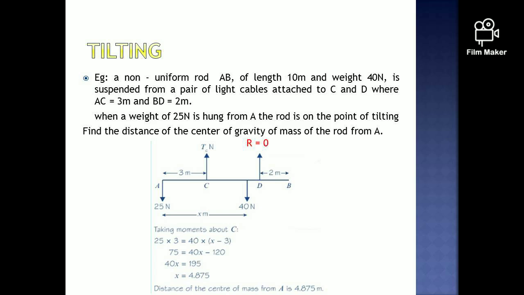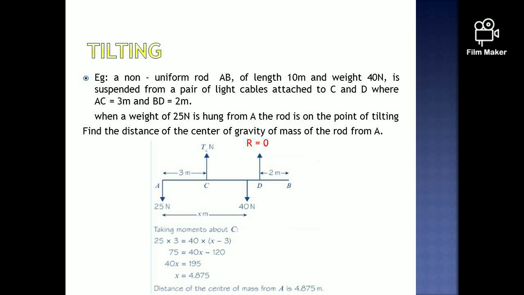The length from A to the point where the weight acts, the center of gravity, is x. Therefore, what would the length from C to that point be? A to that point is x, A to C is 3, therefore C to that point would be x minus 3. Therefore, you can say 25 into 3, the anticlockwise moment, equals 40 into x minus 3, the clockwise moment.